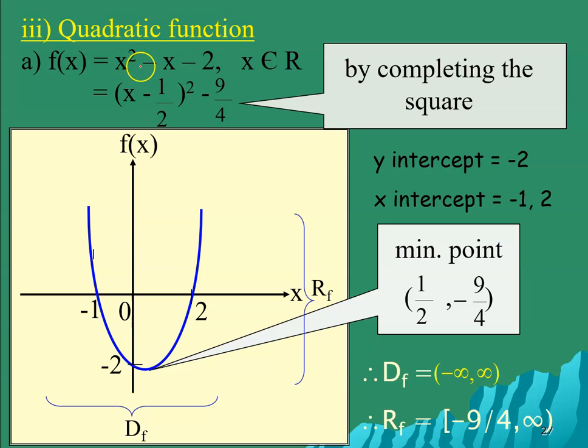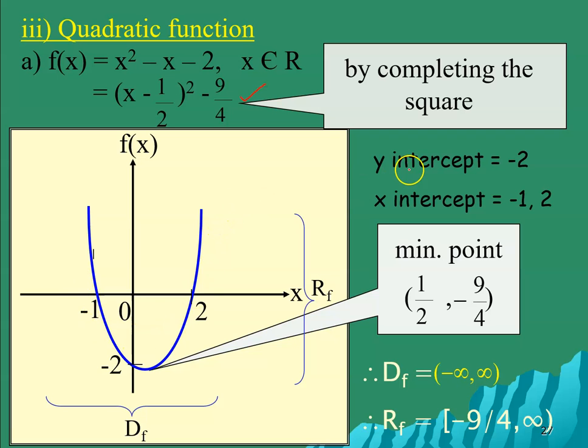And this is for the quadratic function. You have f(x) equal to x squared minus x minus 2. When you perform a completing the square method, I'm sure you can do this, completing the square. So you will get this one. Okay, so this is actually the graph of parabola ataupun graph senyum macam ni lah.